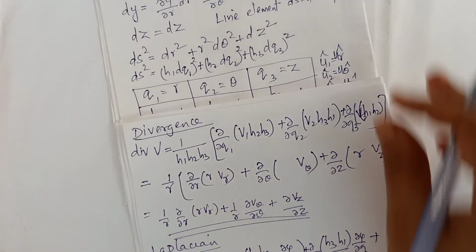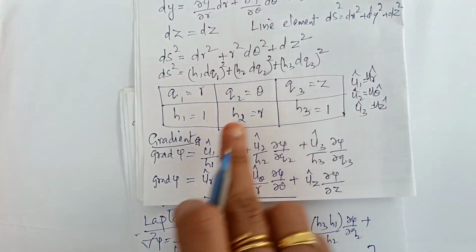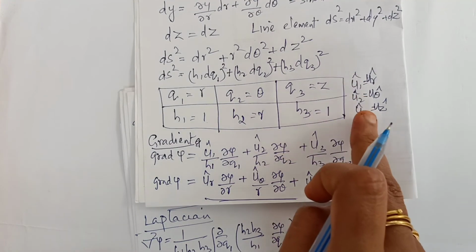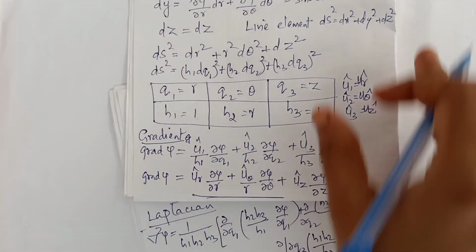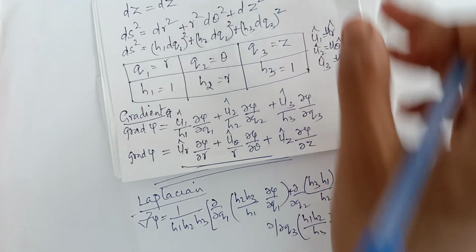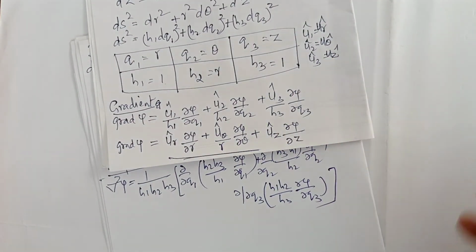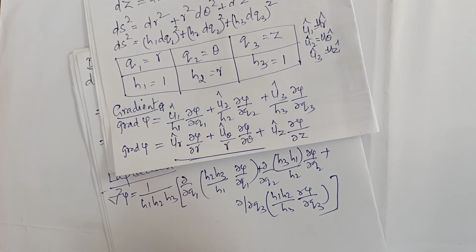Now as usual, we have the standard values for q1, q2, q3, h1, h2, h3, u1, u2 and u3, and we are going to substitute them here. So 1 by h1 h2 h3 is 1 by r again.